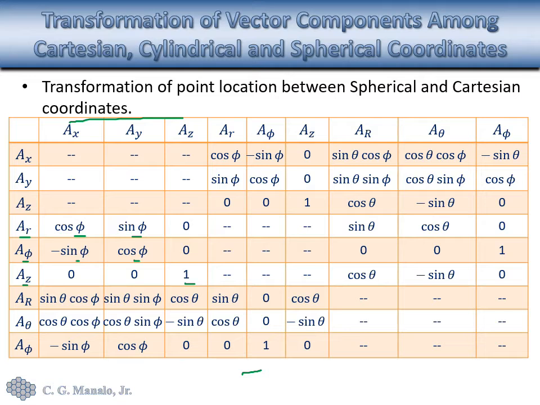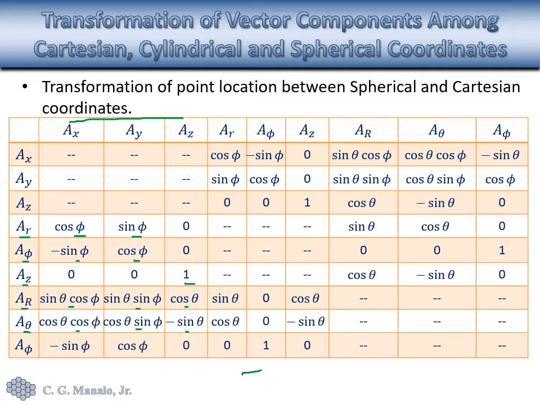Now, to transform the Cartesian to spherical coordinates, a sub R would be a sub x sine theta cosine phi plus a sub y sine theta sine phi plus a sub z cosine theta. To get a sub theta, that would be a sub x cosine theta cosine phi plus a sub y cosine theta sine phi minus a sub z sine theta.